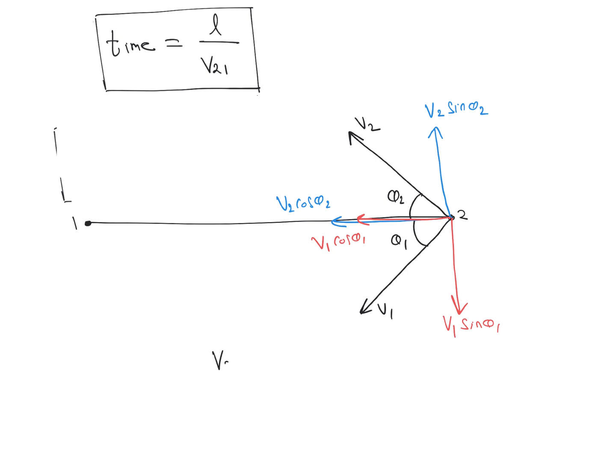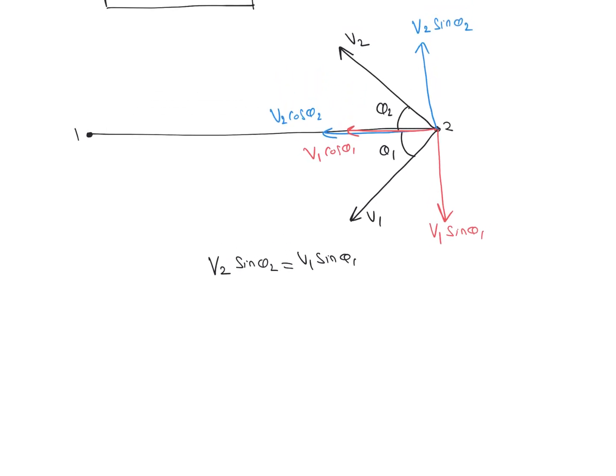So one condition we can write is that v2 sin theta 2 should be equal to v1 sin theta 1, and the sum of v2 cos theta 2 plus v1 cos theta 1 is going to give the value of the velocity of 2 with respect to 1 along the line joining 1 and 2. So we can write v21 is equal to v2 cos theta 2 plus v1 cos theta 1.